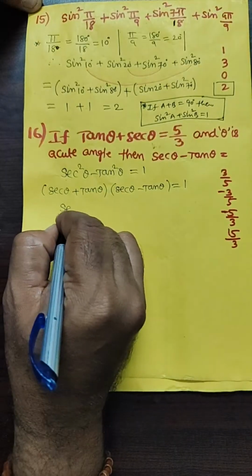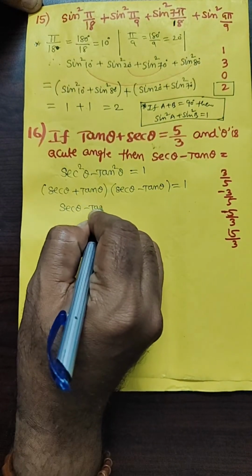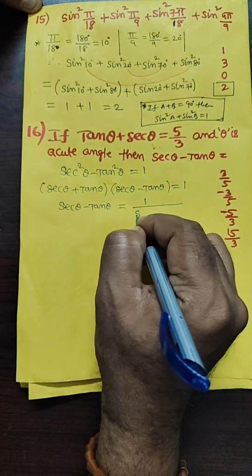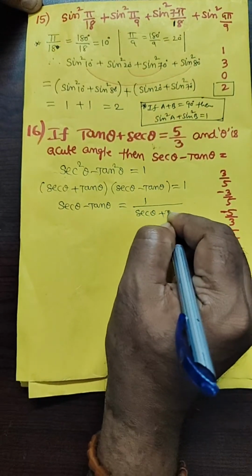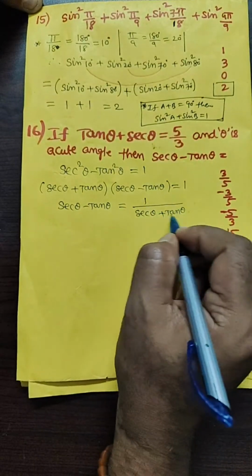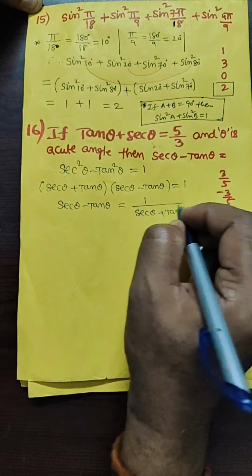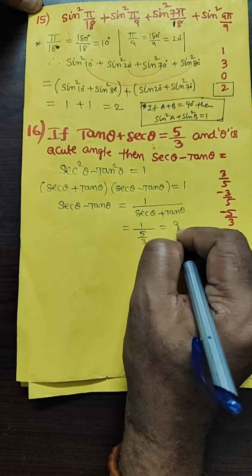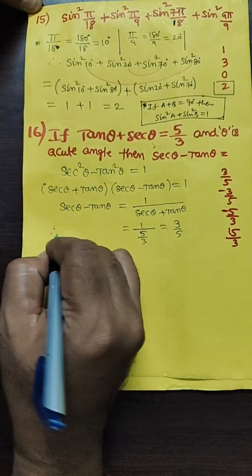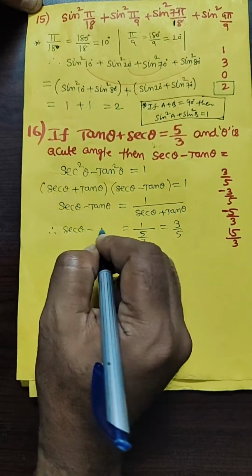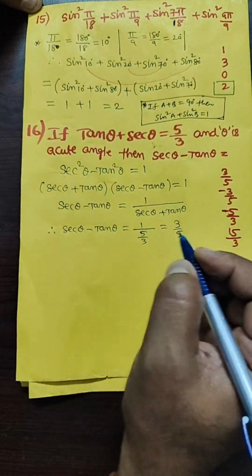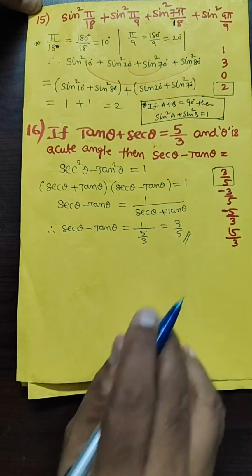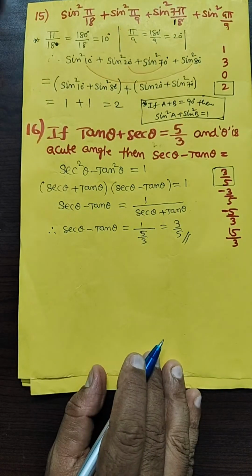So except secant theta minus tan theta, bring the remaining values to this side. So 1 divided by secant theta plus tan theta. Wherever secant theta plus tan theta is there, replace it with 5 by 3. So it will be 1 by 5 by 3, which is equal to 3 by 5. Therefore, secant theta minus tan theta is equal to 3 by 5. It is there in the first option, dear students.